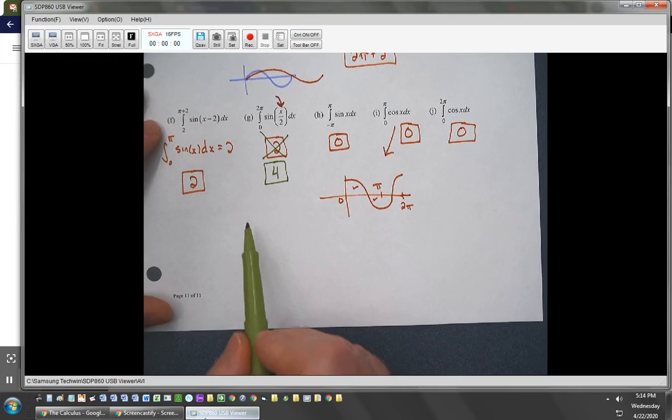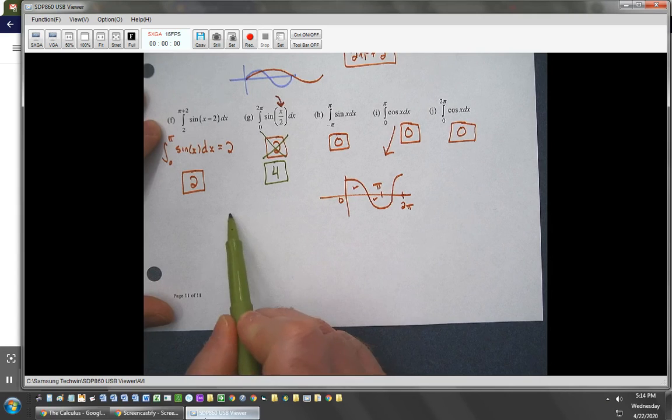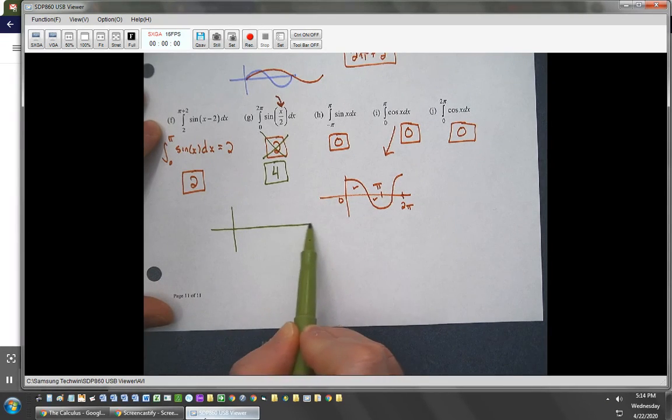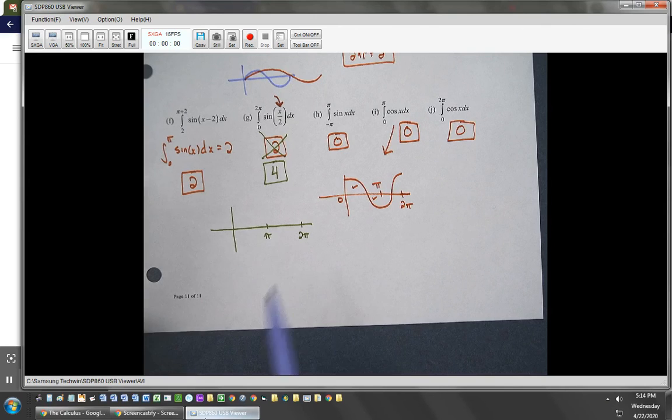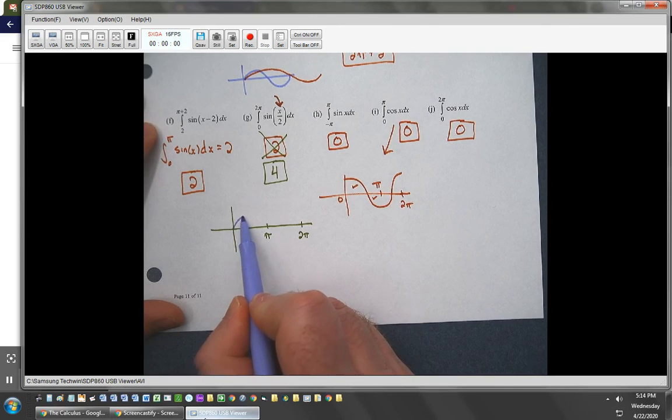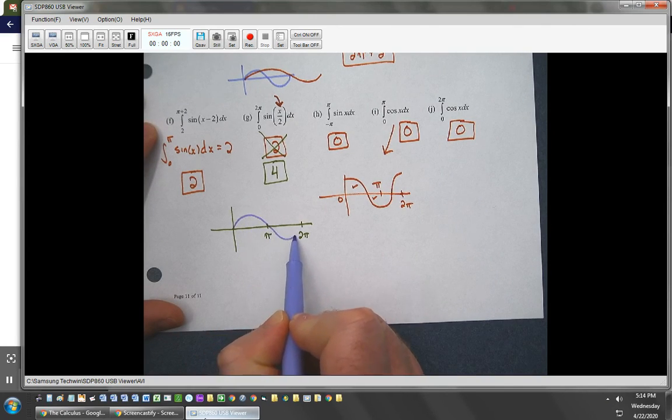So I want to integrate. Let's sketch the curve first. So here's 2 pi. Here's pi. The original sine curve is going to go up to a height of 1, like that.